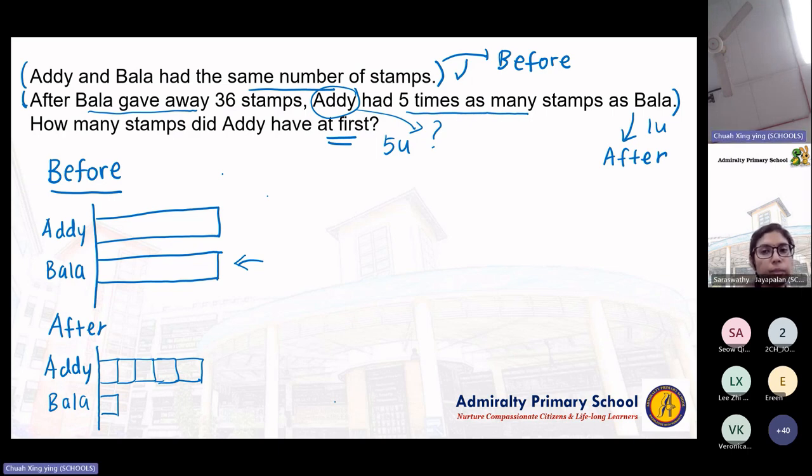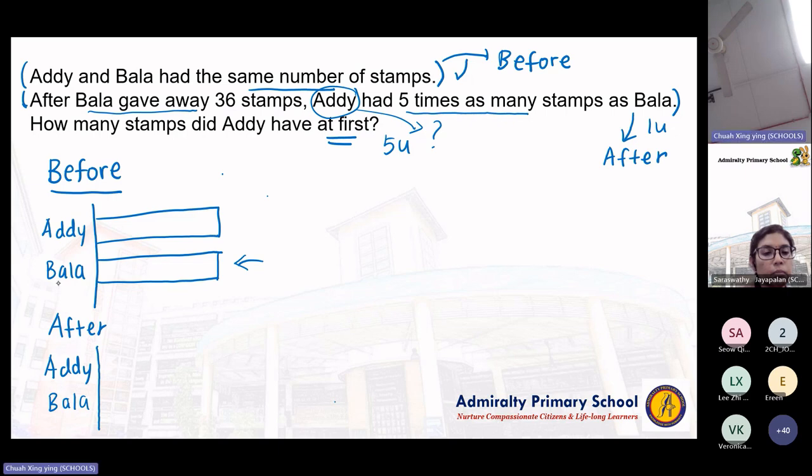All right. Some of you may say that you struggle, that they are trying to draw, they are trying to match the size of the before. Yes.